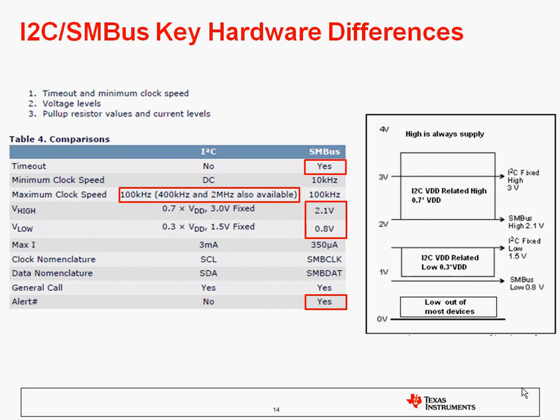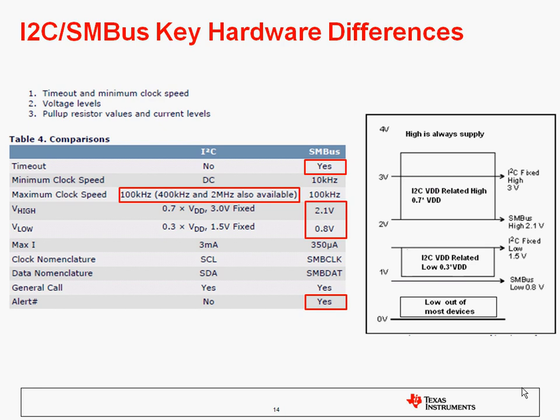So the primary differences between I2C and SMBus from a hardware perspective are in a few key areas. One is the timeout. This is pretty critical. SMBus has it, I2C does not. The other is the clock speed. I2C specifies up to 400 kilohertz operation, and there are some fast mode devices that go up to 2 megahertz.